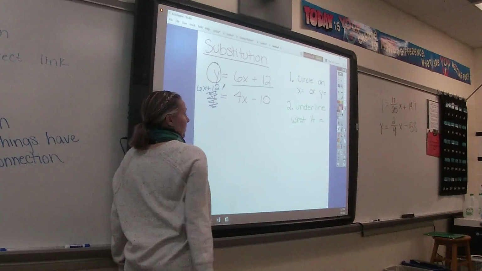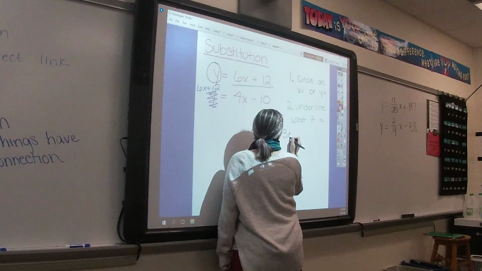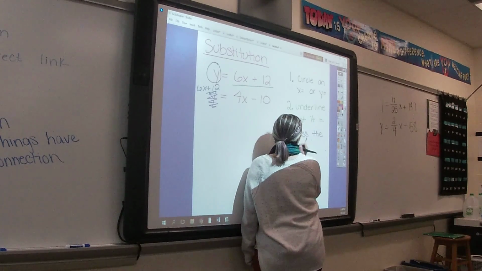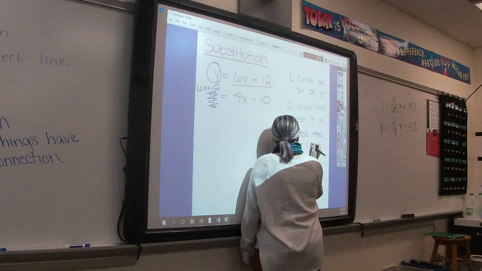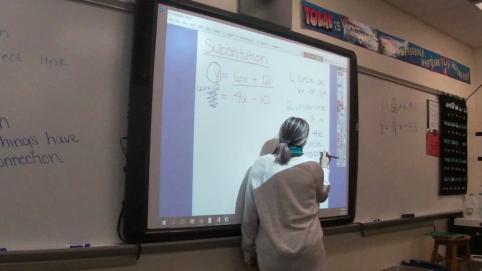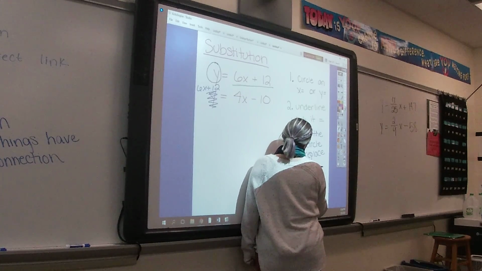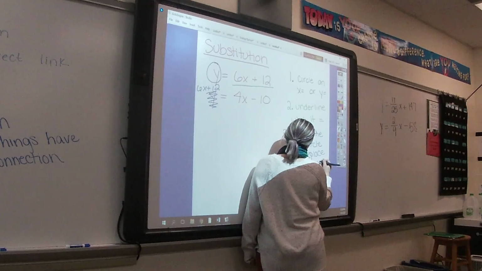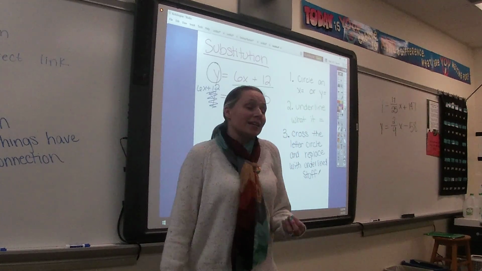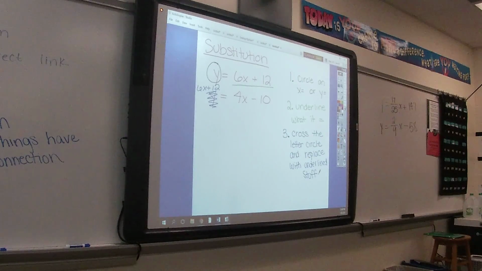So what does y now equal? 6x plus 12. Okay, so for my third step, I'm going to cross out the letter I circled and replace it with the underlined expression, because y and 6x plus 12 are the same thing.